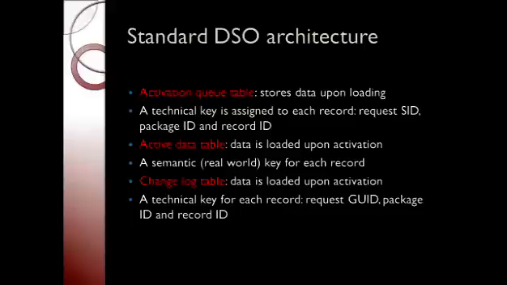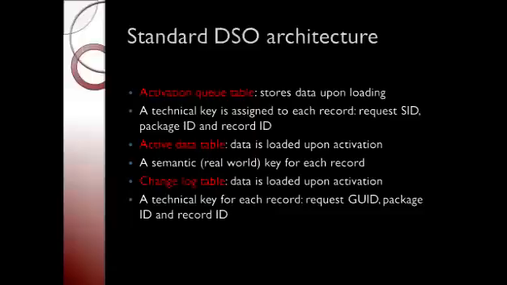So for instance, if we are talking about sales records, then the semantic key will be the sales order ID. Or if you are talking about purchasing data, then the semantic key will be the purchasing order number.